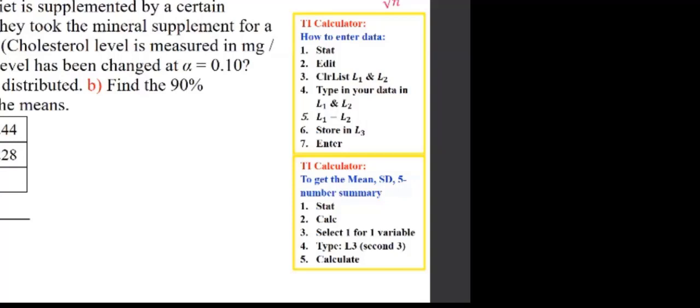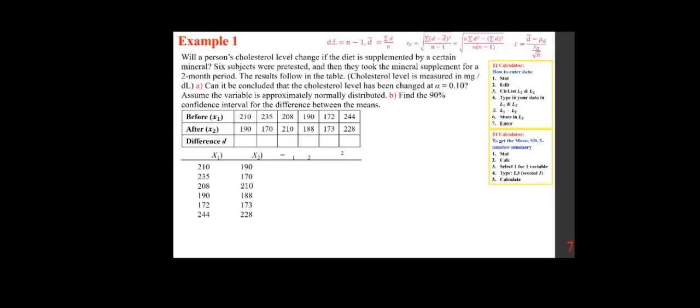And when you do your test of hypothesis, or even if you want to calculate the mean, standard deviation, 5-number summary, remember what we do. We do stat, calc, we select 1-variable stats, type L sub 3, and calculate. So we do the calculation on L3.